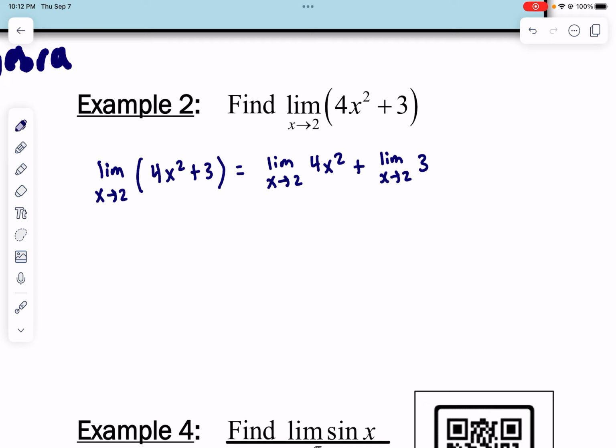And then, if you really wanted to, we also have another property here. We have the scalar multiple property of a limit. So we can take out this 4 and put it on the outside. So this is also equal to 4 times the limit as x approaches 2 of x squared plus the limit as x approaches 2 of 3.